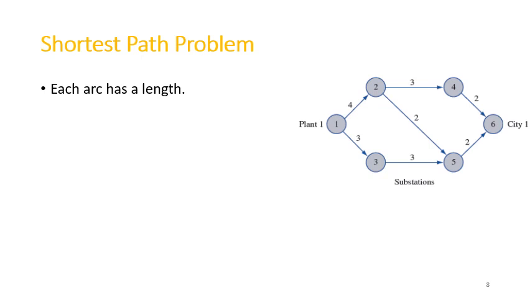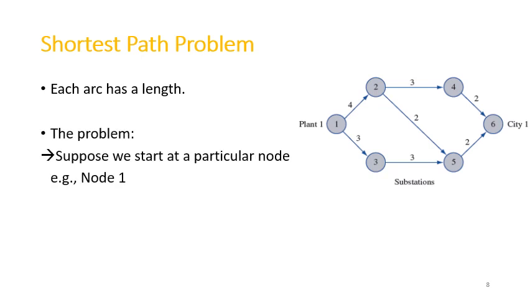For the shortest path problem, there's one more characteristic to represent this problem. That characteristic is that each arc has a length. So in this problem, we have nodes, we have arcs, and then each arc has a length. So let's see what this problem is.